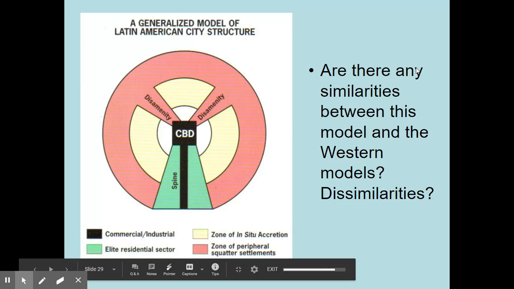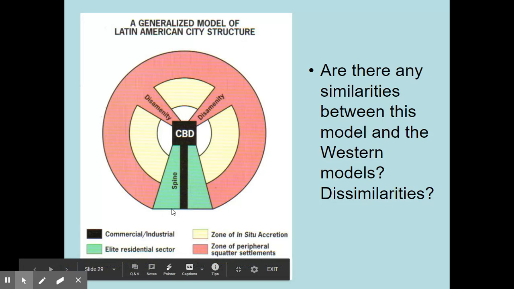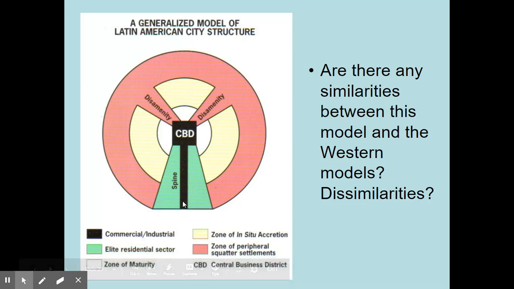So this is called the Latin American model. And in the Latin American model, what you'll notice is that in the central business district, there's this elite residential sector that develops along one major transportation hub.